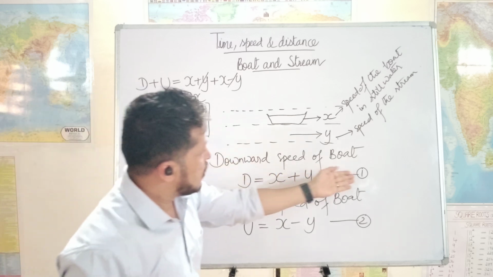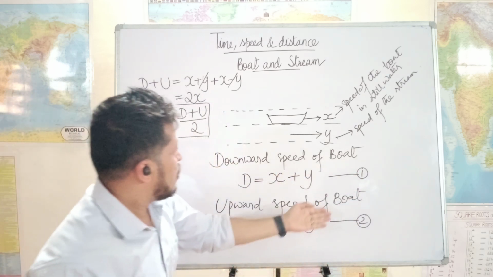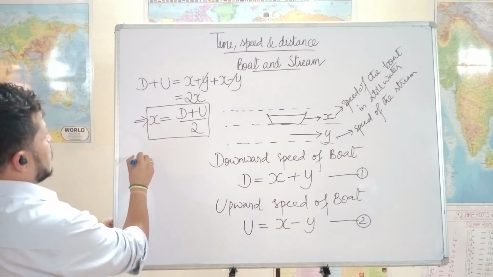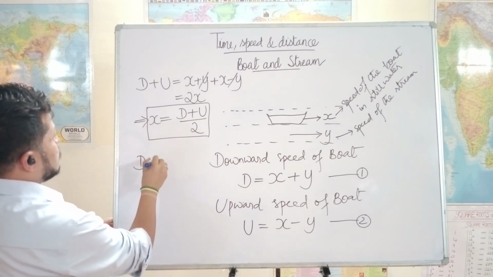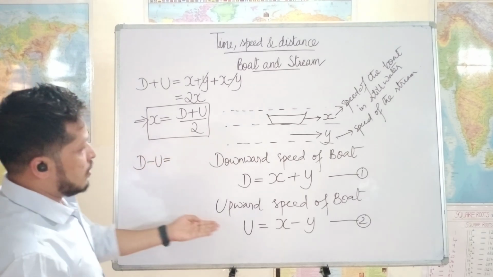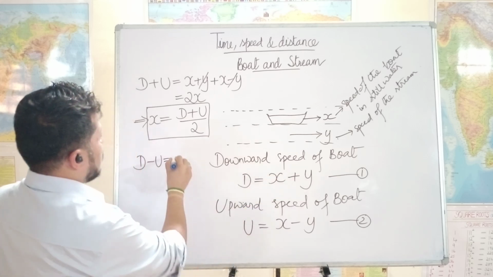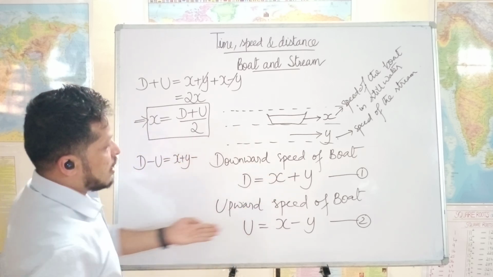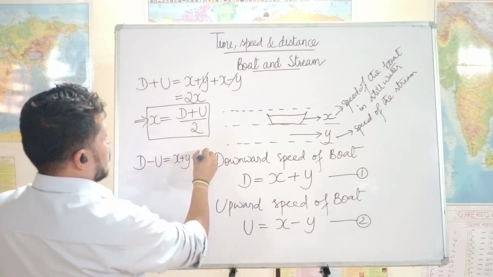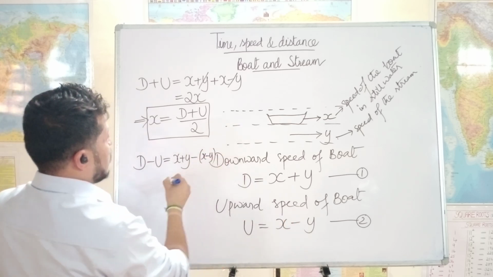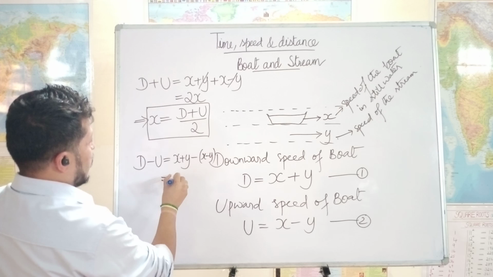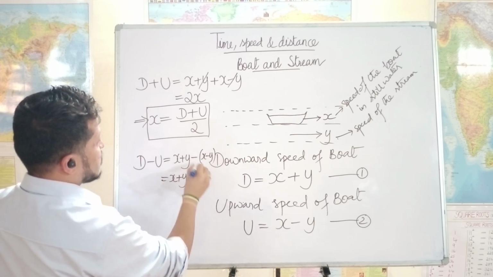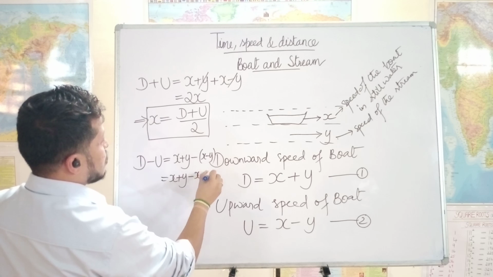Similarly, if we do equation 1 minus 2, then we get d minus u is equal to x plus y minus x minus y, which is equal to x plus y minus x, minus into minus is plus y.